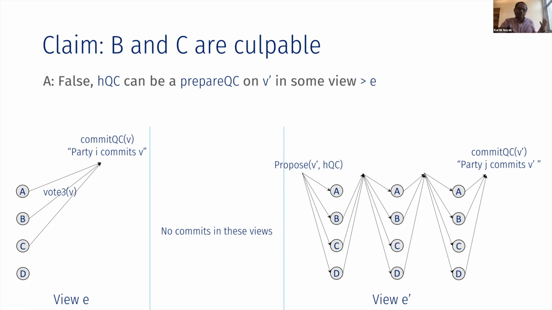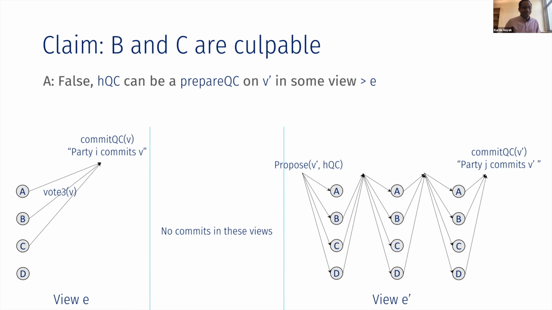The reason is that, remember, I told you earlier that whenever you're shown a proposal, I can vote on a value that I'm locked on, or I can vote on a value if the highest prepared QC shown to me along with the proposal comes from a higher view.